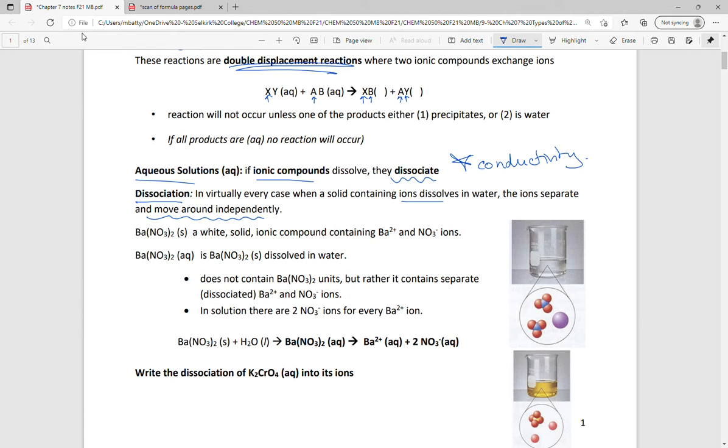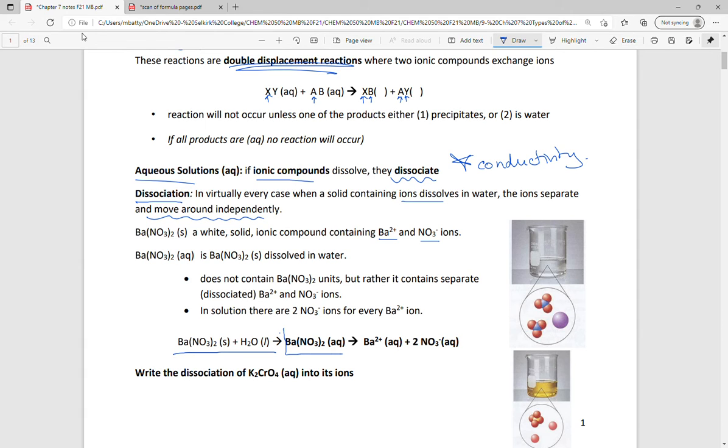So as an example, barium nitrate is a solid white ionic compound with barium 2+ and nitrate ions. In this one, when it dissolves in water, it separates into its ions. And so when we see this, this is my barium nitrate being dissolved in water.